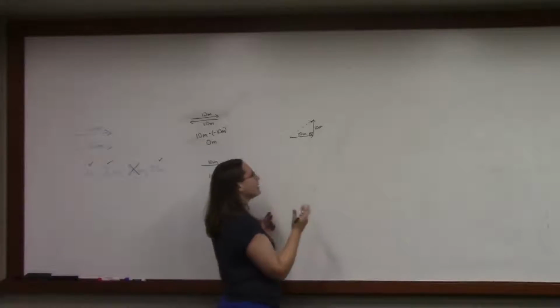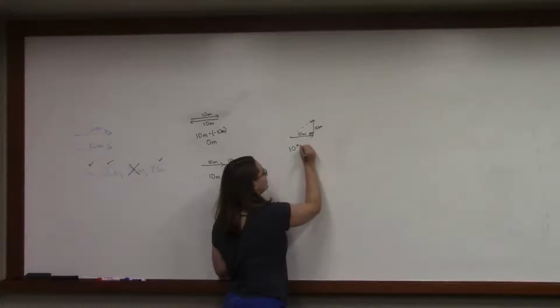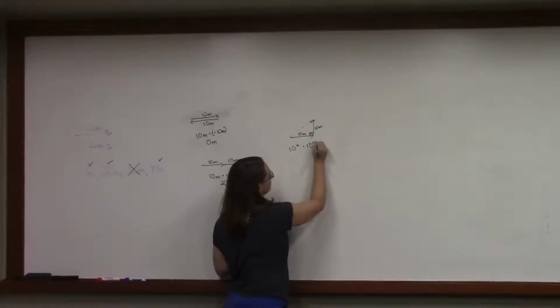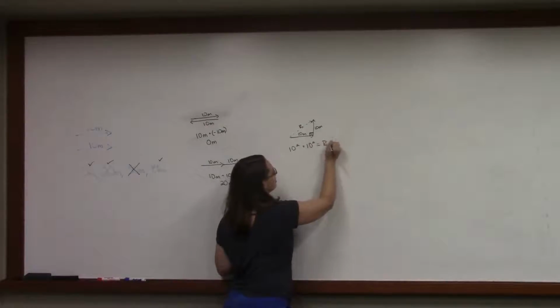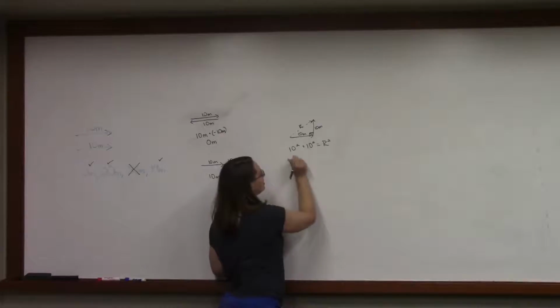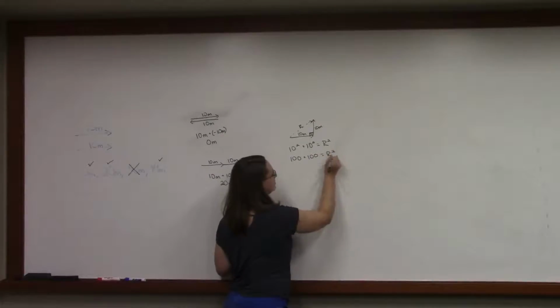So we can use the Pythagorean theorem to say 10 squared plus 10 squared equals, we'll call this r squared. So 10 squared is 100 plus 100 equals r squared.